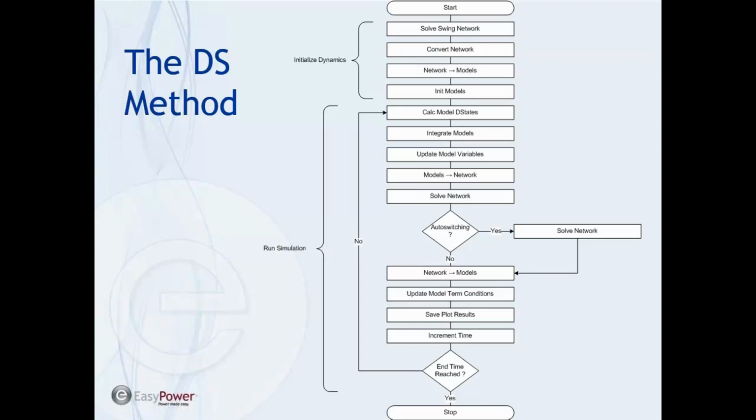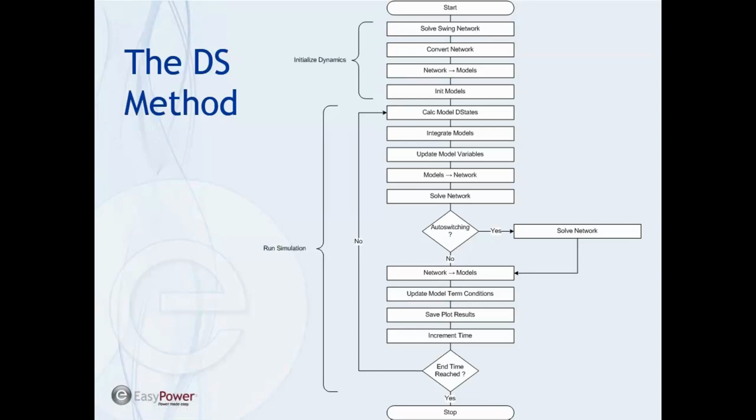But just a little clarity here, there's one loop I probably should have put in here, and that is iterated here, because induction motors throw a wrench into everything. Their terminal conditions are not only defined by the power flow when you come in, but also by the machine equations.